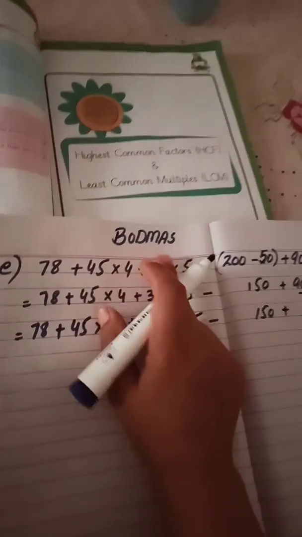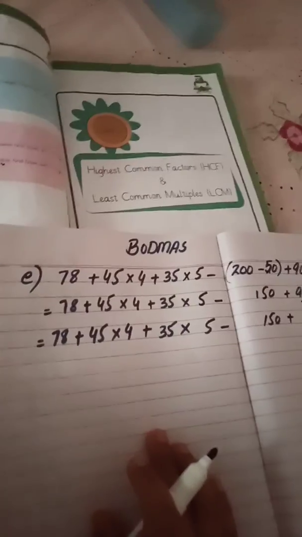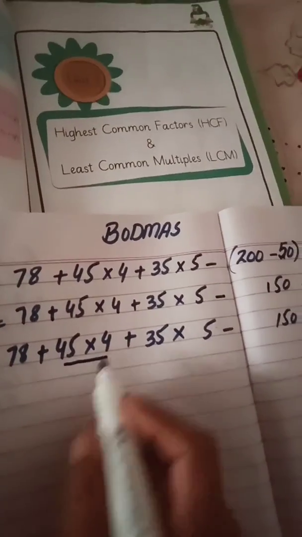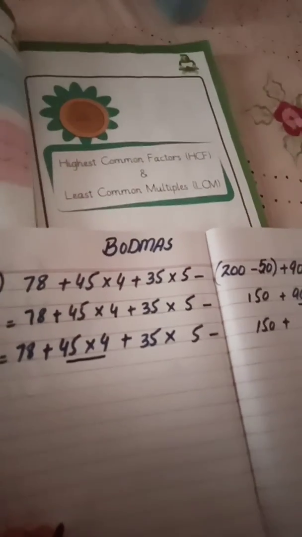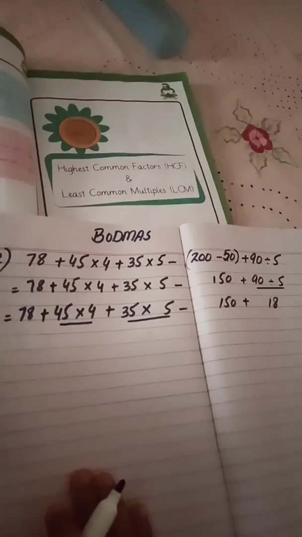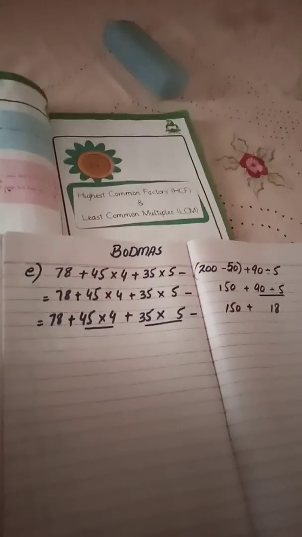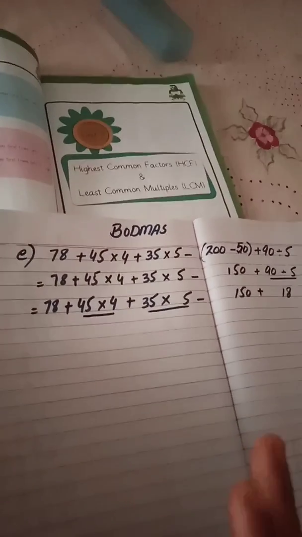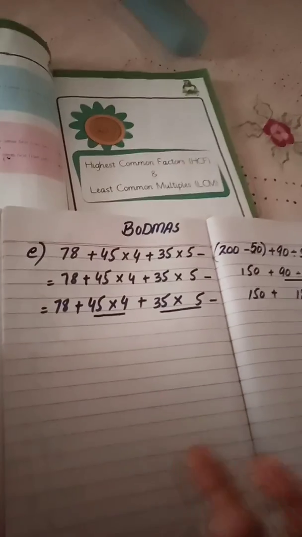Again we use the BODMAS rule and solve the multiplication. The multiplication sign is in between these two numbers and also between 35 and 5. So we have two multiplication signs, and in this step we will solve these two multiplications together.